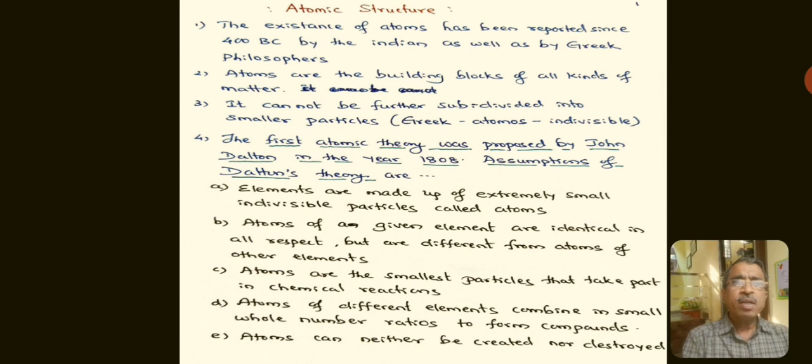Coming to Dalton's theory. Dalton's theory is the first atomic theory, introduced in 1808 by John Dalton. Assumptions of Dalton's theory are: elements are made up of extremely small indivisible particles called atoms.